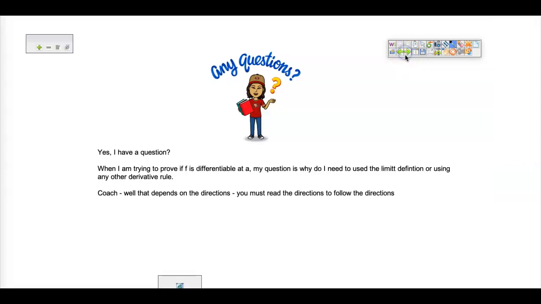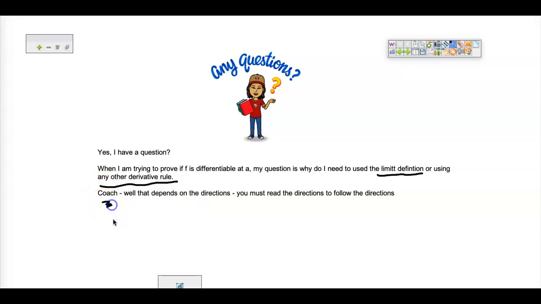So the question is, when am I able to prove that a function f is differentiable at a? My question is, why do I need to use that long-winded limit definition instead of a derivative rule?